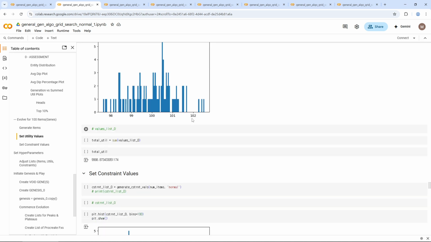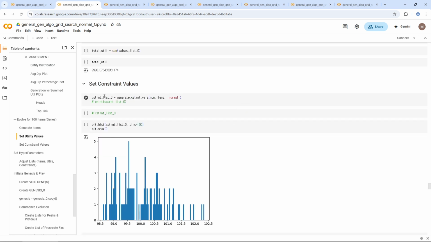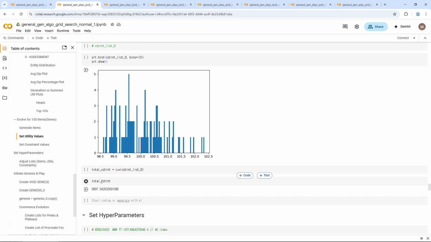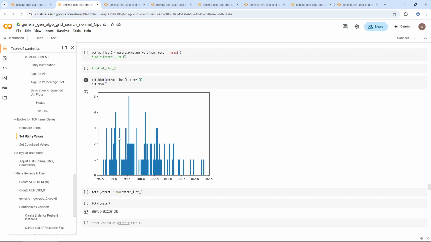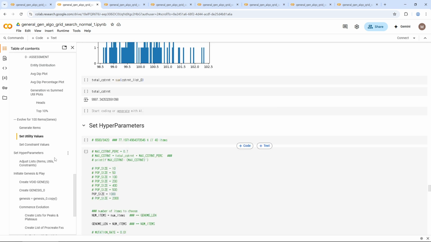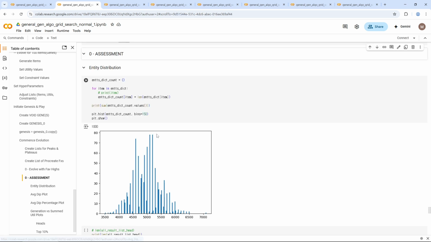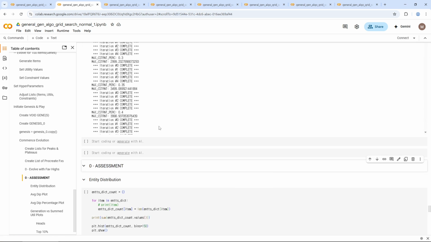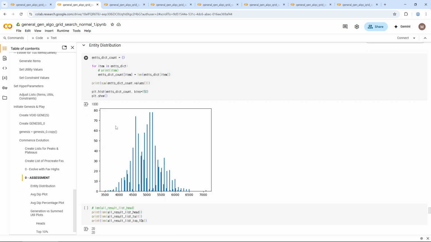Generate the values: total sum of utility almost 10,000, total sum of constraints almost 10,000. So 10,000 here and 10,000 there. And when we run everything, this takes about an hour, so around 3,600 seconds.